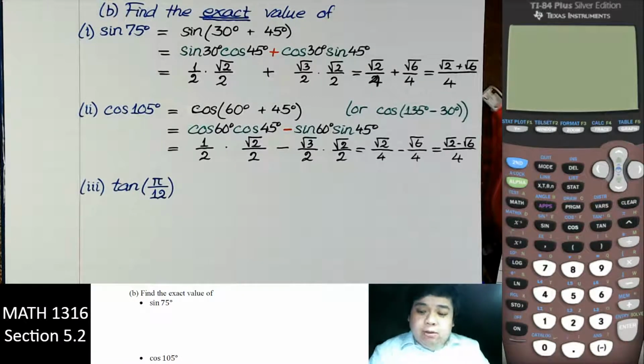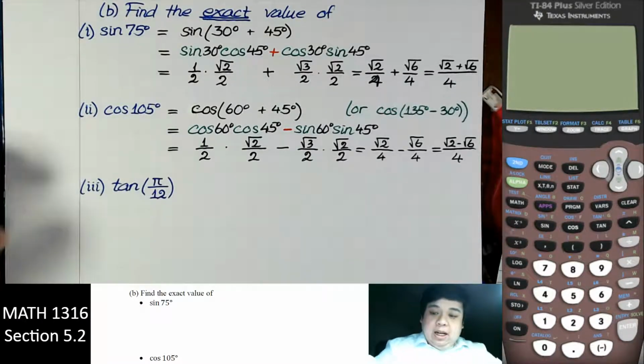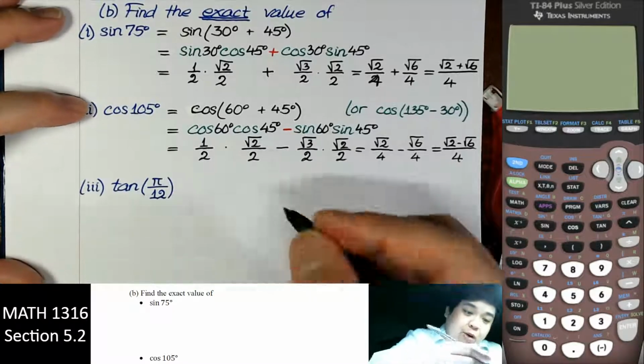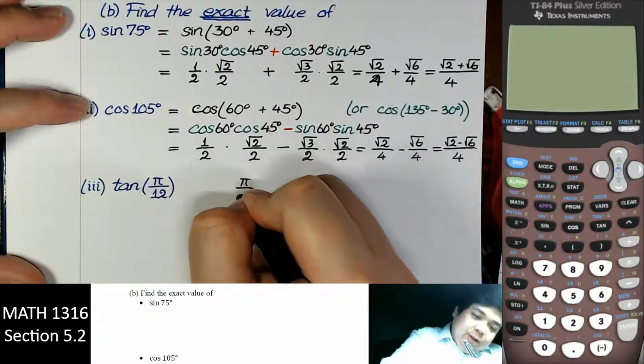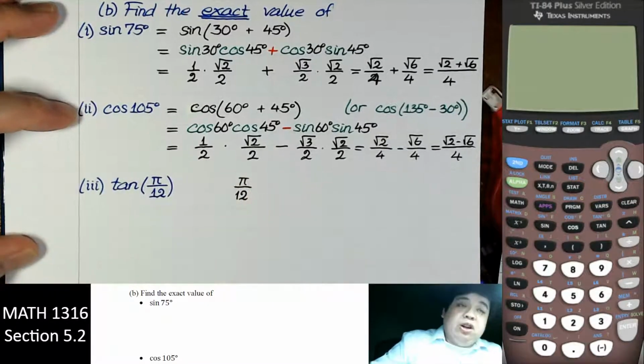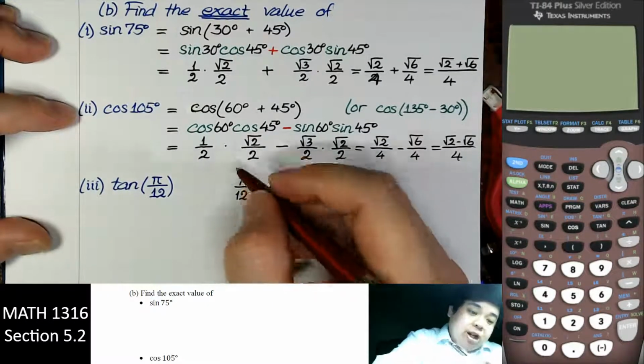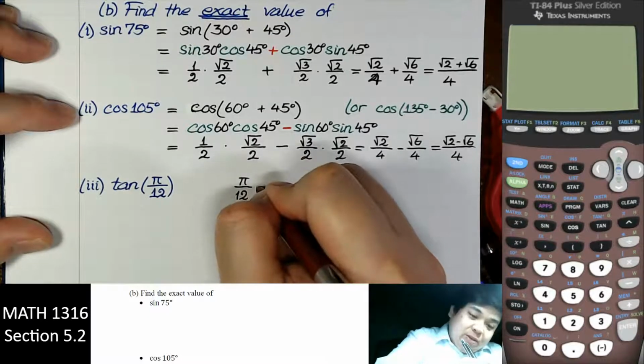Kind of difficult to work with this as a fraction, so it will be easier if we just convert the pi over 12 into degrees, into degree measure.